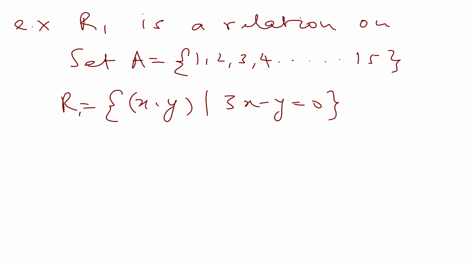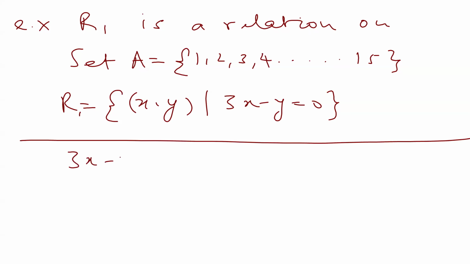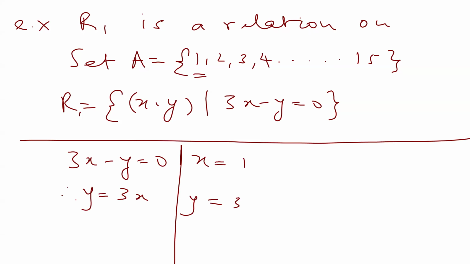Now we'll first find out the ordered pairs. 3x minus y is equal to 0. Therefore, y is equal to 3x. So when x is 1, the value of y is 3. When x is 2, the value of y is 6.